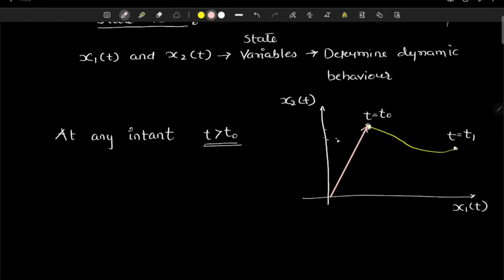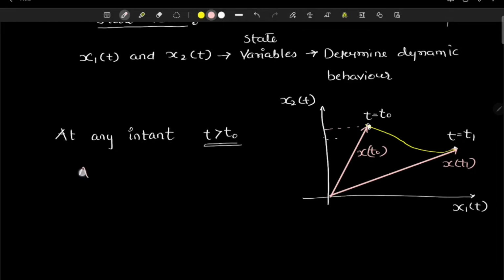So this is x1. So this is x of t naught. And at t1 you will get some state vector, that is x of t1.